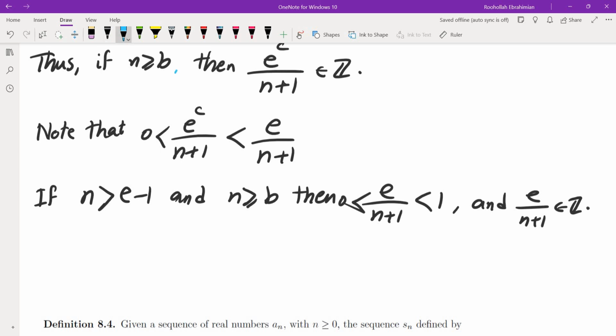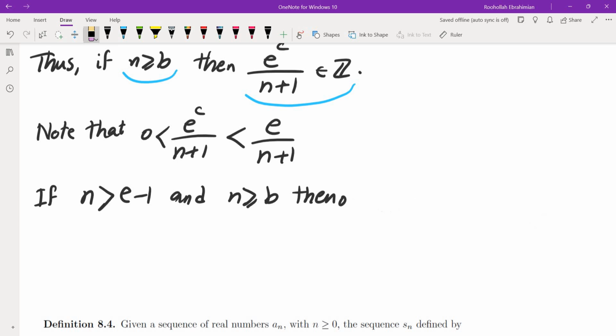So let me be a little bit more careful here. What I get is, if n is more than e minus 1, then e over n plus 1 is going to be less than 1.